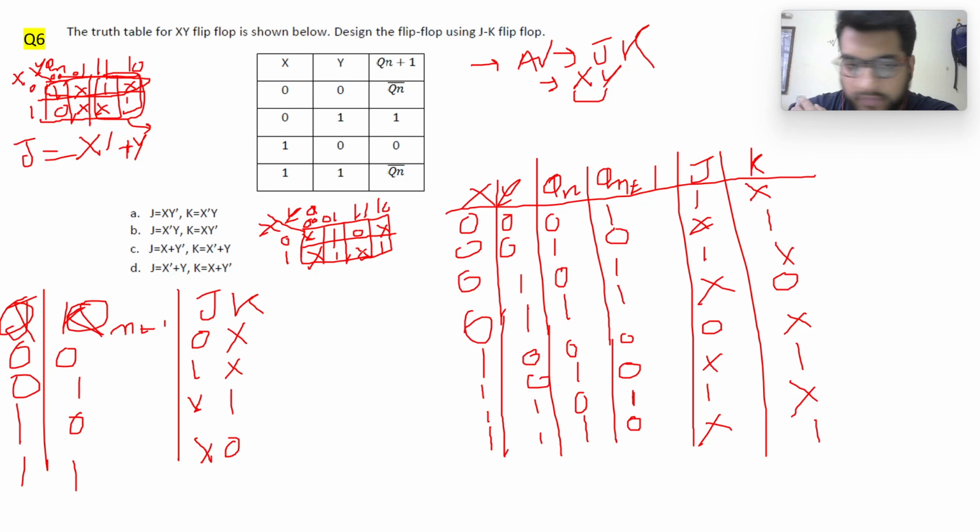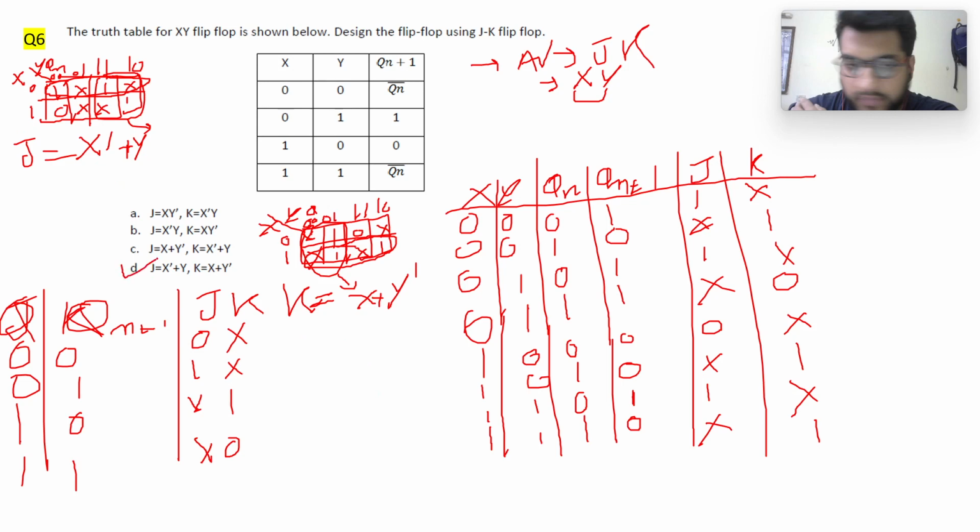So it will be this and this. K will be, from this I will get Y complement, and from this I'll get X. So my J is equal to X complement plus Y, and my K is equal to X plus Y complement.